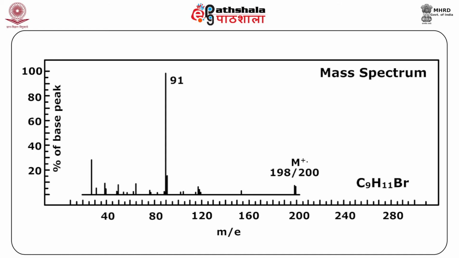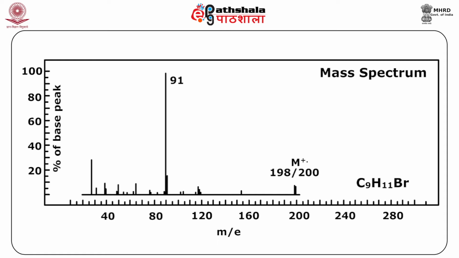Now here the given mass spectrum shows two peaks of equal intensity separated by 2 units at the values of 198 and 200. These two peaks, with the isotopic peak differentiated at the value of M plus 2, indicate the presence of a bromine atom.